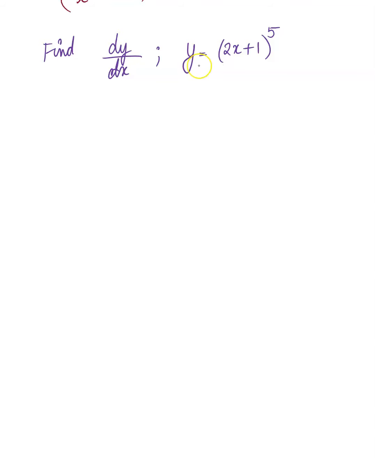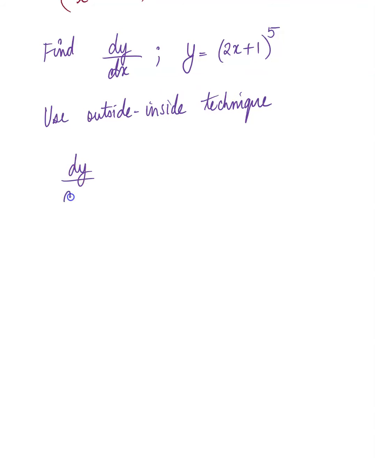Because the y is written in terms of x, and it is in a format so complicated that you can't directly use the power rule, you use the power chain rule in this case, and so use the outside-inside technique. dy over dx. The outside is the power 5, so 5 times 2x plus 1, power 5 minus 1, which is 4, times the inside.